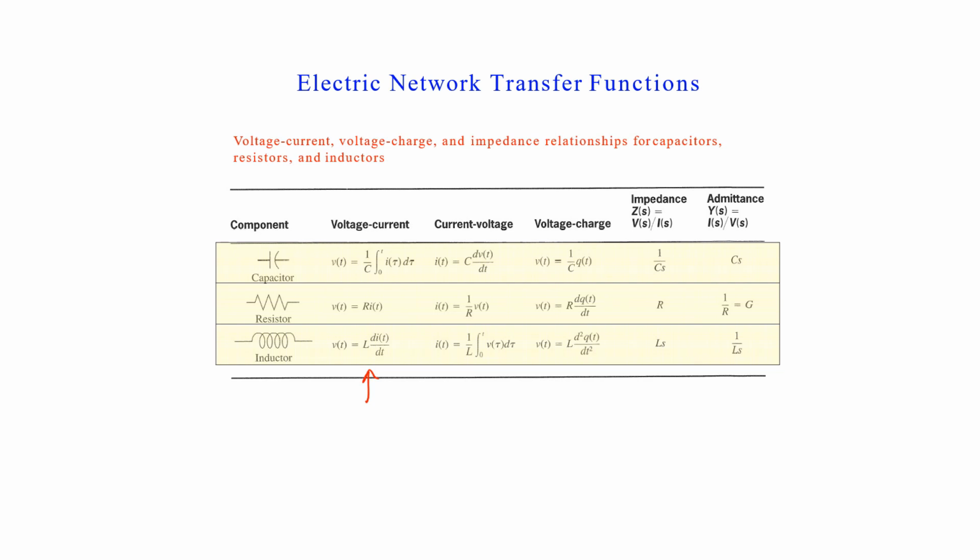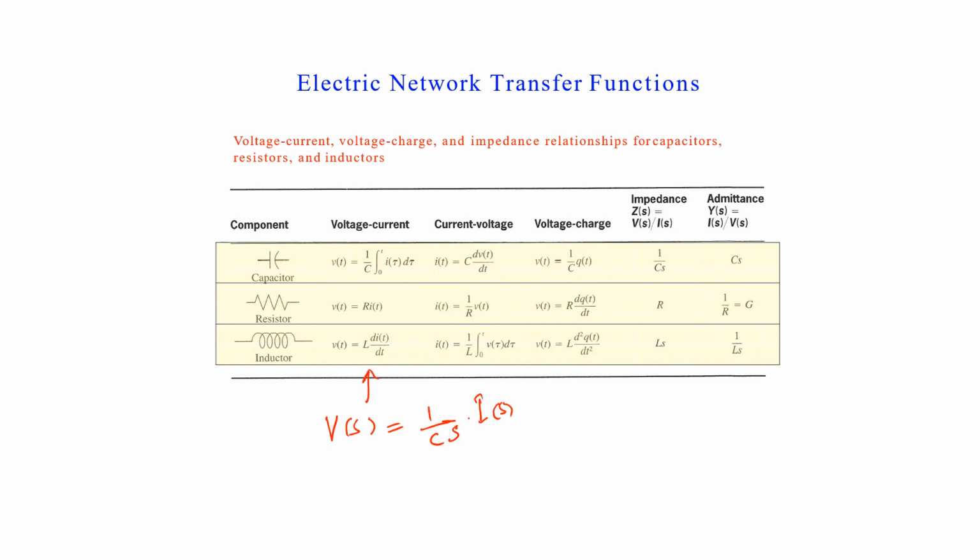So for the capacitor, we can write the voltage equation as V of s equals to 1 over c, and we know that integration is transformed into just the multiplication of 1 by s. So we can write it as 1 over c s multiplied by I of s.